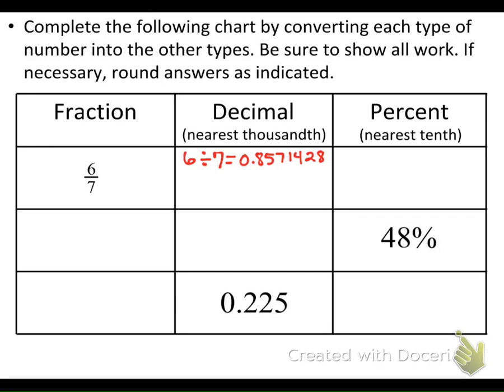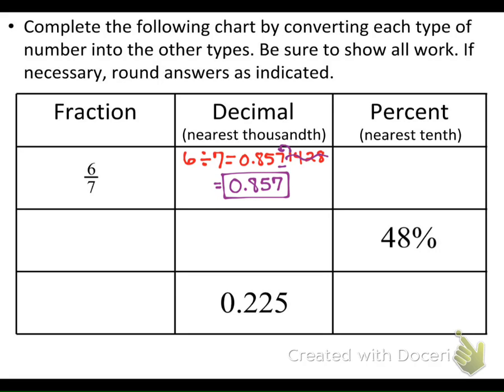Which number is in my thousandths place value? 7. So everything behind the 7 I'm going to get rid of, except for the number directly behind the 7, which I have to use to determine if I round that 7 up or if it stays the same. Based on the number directly behind the 7, what does the 7 do? Stays the same. So I'm going to have 0.857 as my final answer.